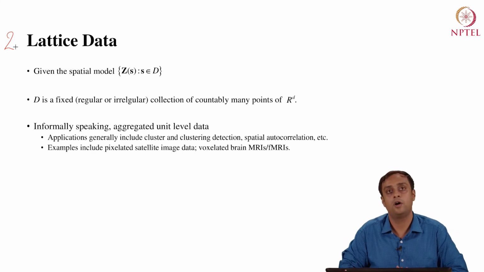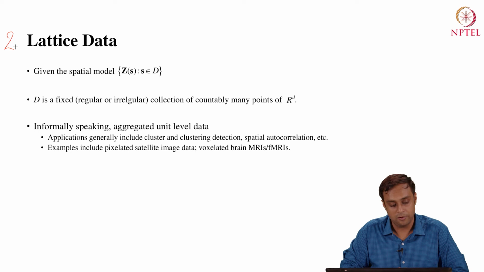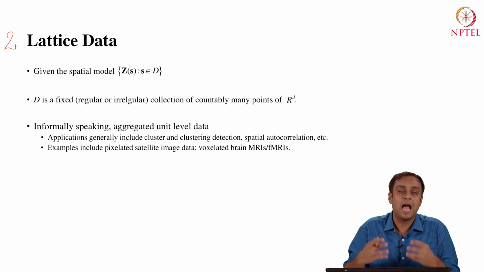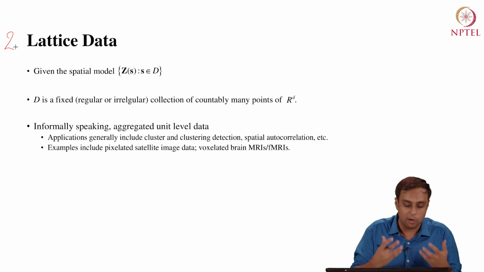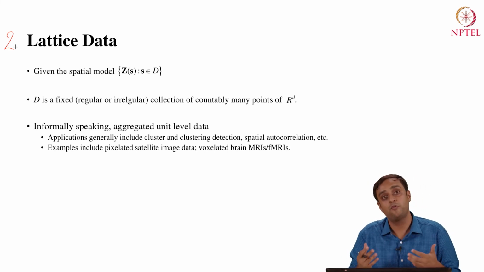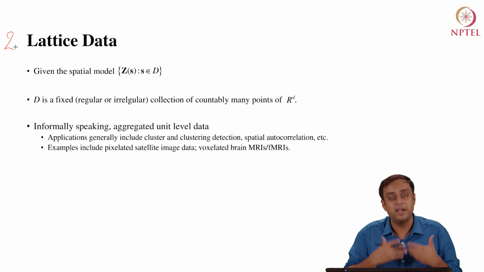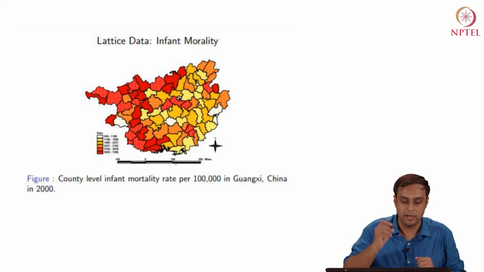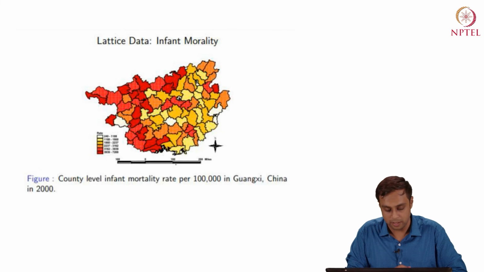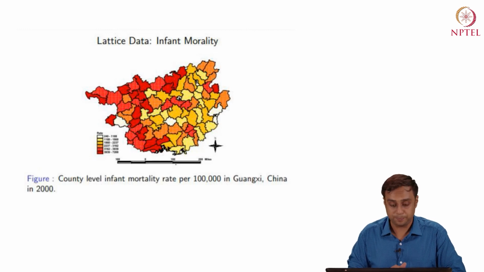GDP for India in 2021, right? So if you have such administrative boundaries, country boundaries, district boundaries, taluk boundaries, and so forth, some kind of aggregated unit level data, that is known as lattice data. A very natural example in front of you is the infant mortality rate for a region in China in 2000.